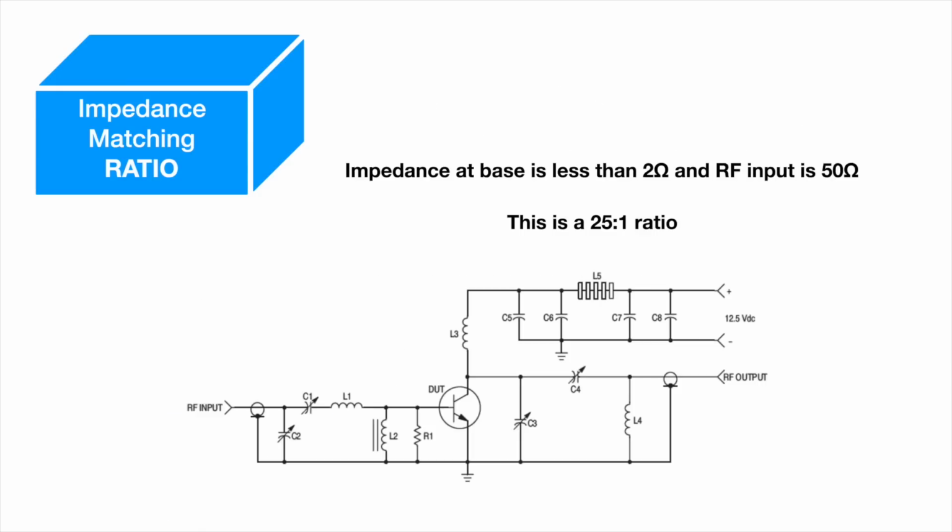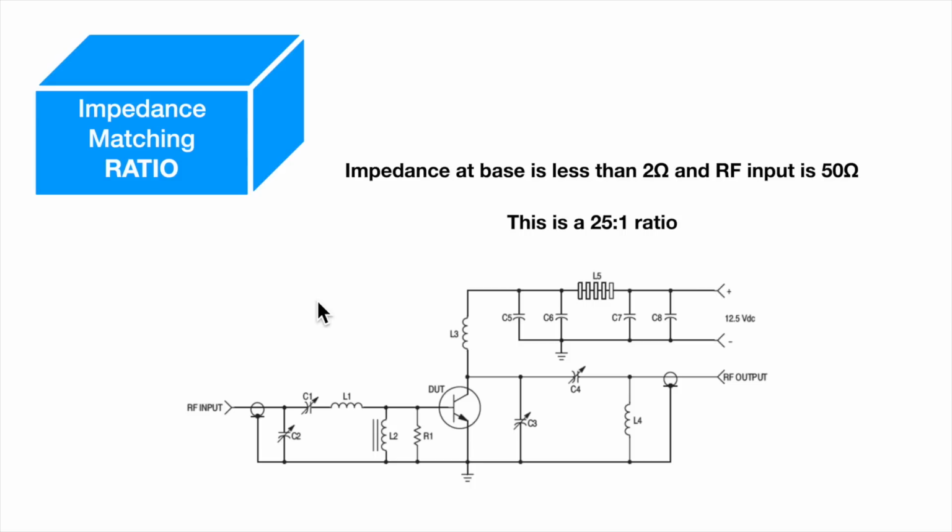Let me show you another one. This comes from a data sheet of a power BJT transistor, which will remain nameless for now. Just note, as is very often the case in data sheets, they don't even put a transformer in for the matching networks. They put LC matching networks. There's one on the output here, and there's one on the input.